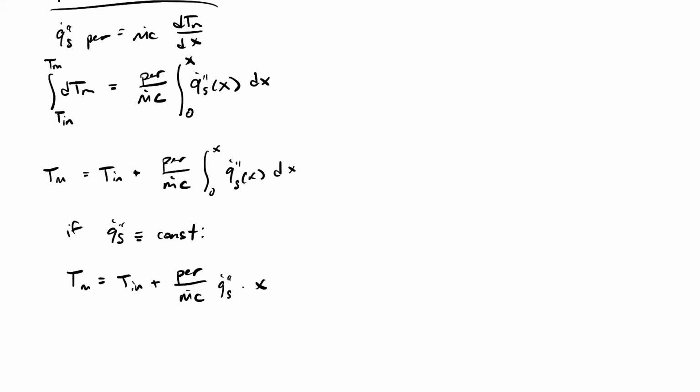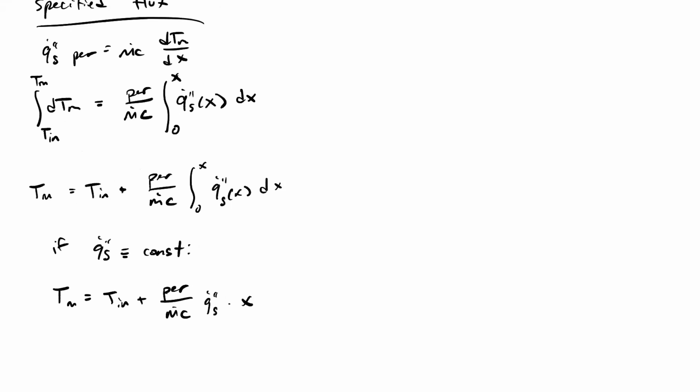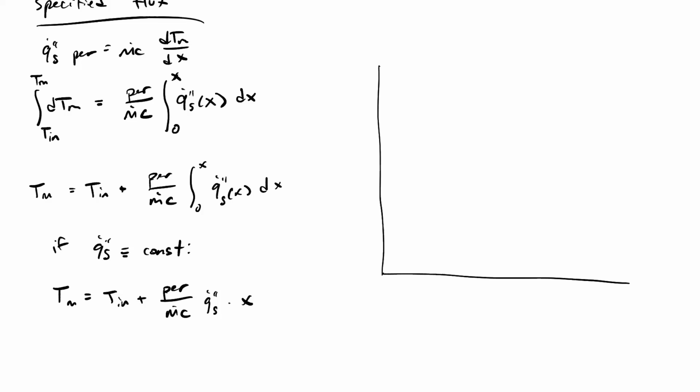If we plot this out, what does this look like? It will look like this, where we have coming in Tin. I'm specifying my flux immediately. That doesn't change as a function of heat transfer coefficient or anything. It's just a specified flux.